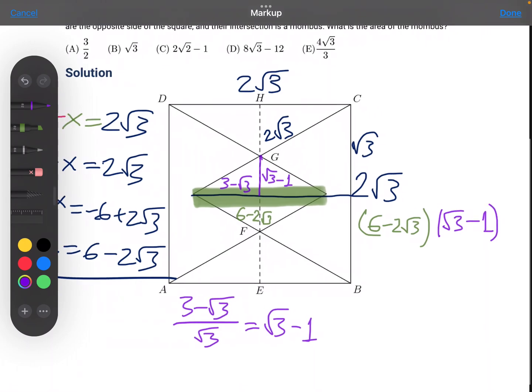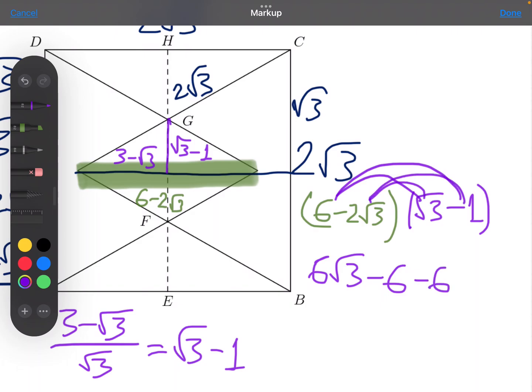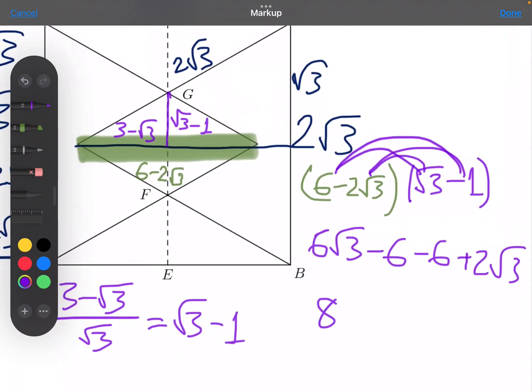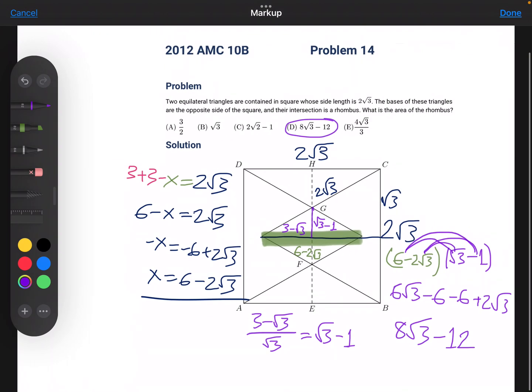Now using our multiplication trick of FOIL, we're going to do first one, so it's 6 square root 3, and then this one, negative 6, and positive 2 root 3. And that will simplify to 8 root 3 minus 12 for this rhombus area. And sure enough, that is an answer choice D. And we are done.